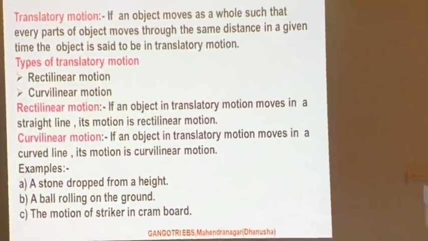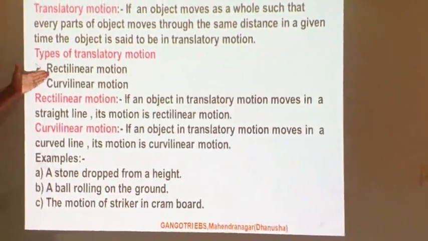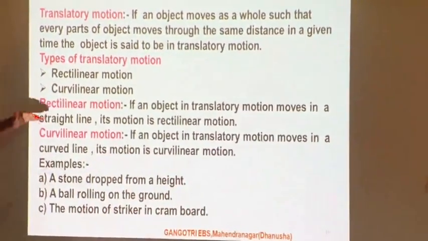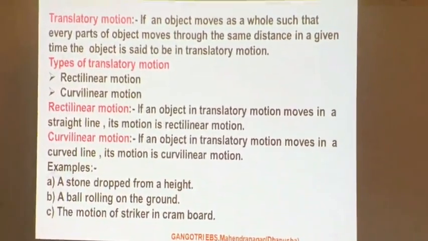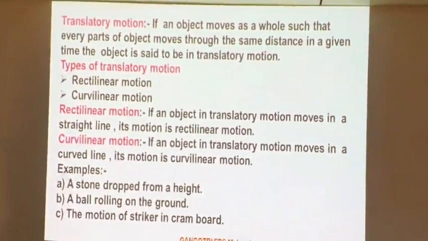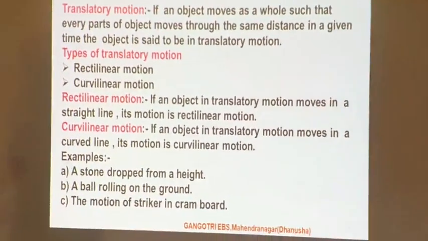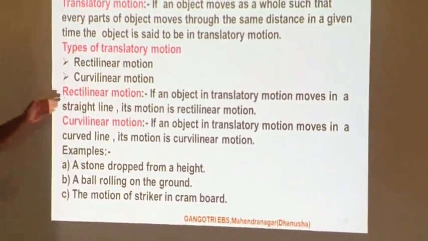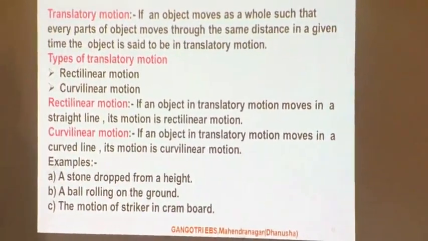There are two types of translatory motion: rectilinear and curvilinear motion. Rectilinear motion means that if an object in translatory motion moves in a straight path or a straight line, its motion is called rectilinear motion.